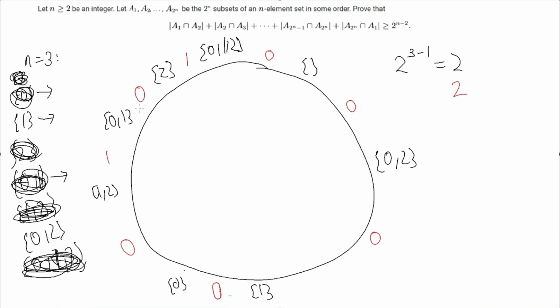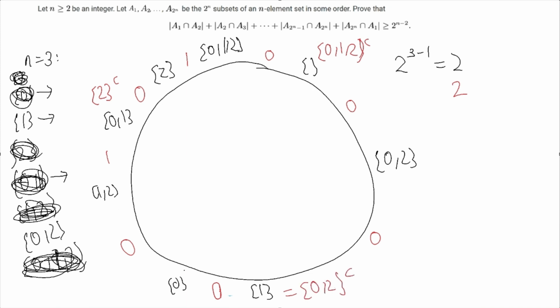So, the largest such set is called the complement. So this is 2 complement. And then likewise, this is actually 0, 1, 2 complement. And let's see if this is true for the other points on the circle. So 0, 2, and 1, these are also complements.